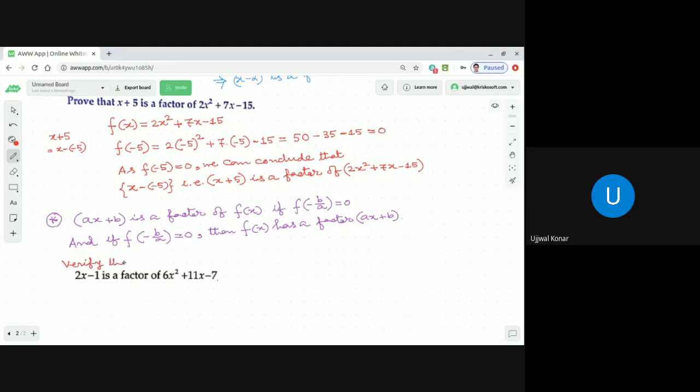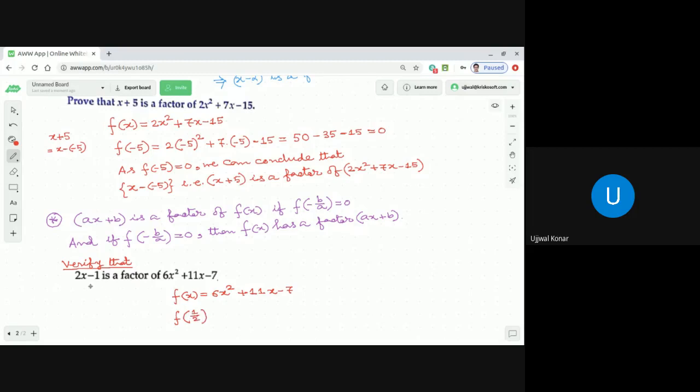What is our f(x) here? f(x) is 6x squared plus 11x minus 7. Then what is the value we are going to find? f of 1 by 2, correct or not?